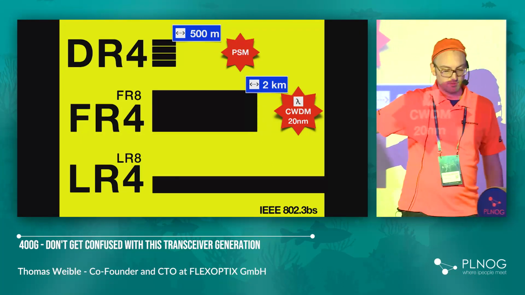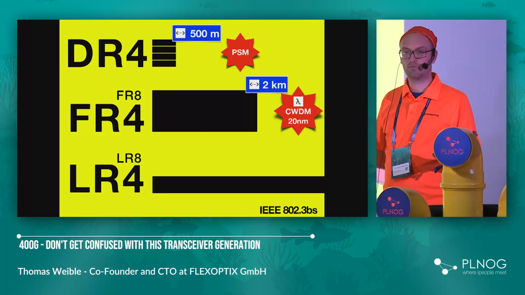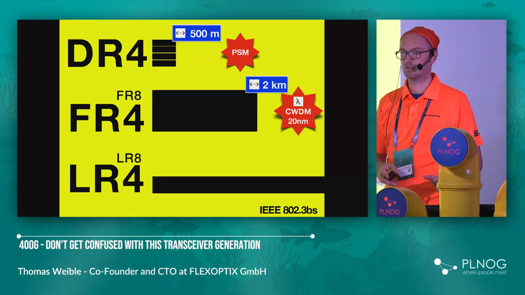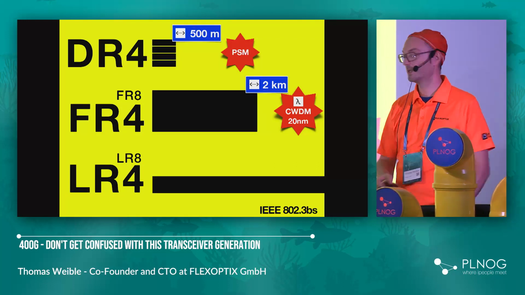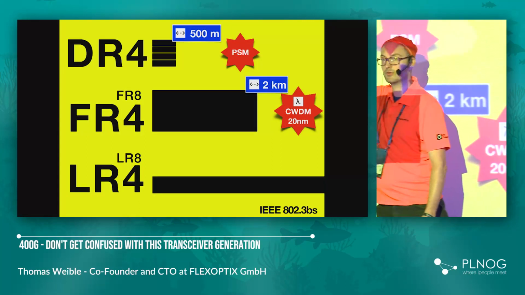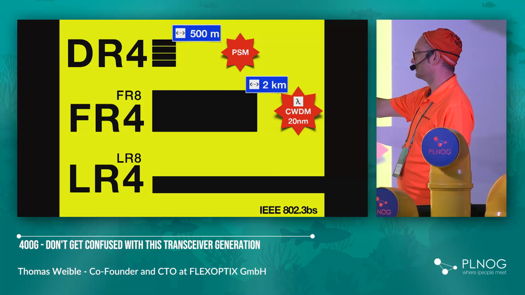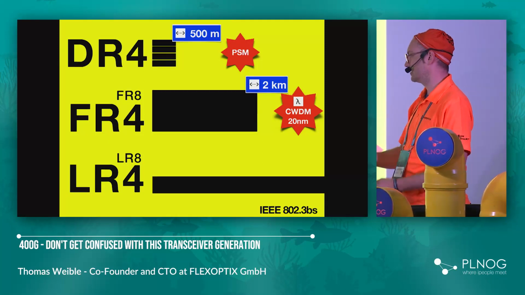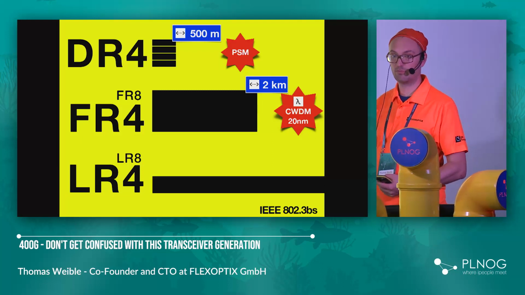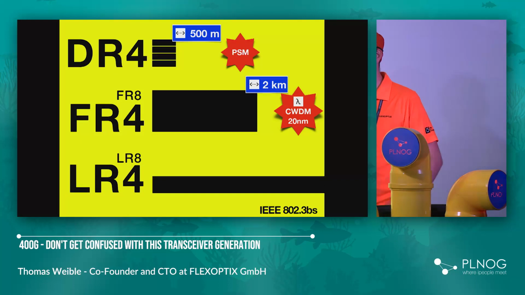You would say, yes, I know that, and we have that already for 100 gigabit for sure. The technology is there, but it was never standardized, and that's the major difference to 400 gigabit. There is now an official standard FR4 and DR4. I also mentioned FR8 or LR8. It's just the amount of lanes for the first generation, 8 lanes on the optical side, and LR4 or FR4 will be the second generation with 4 optical lanes.